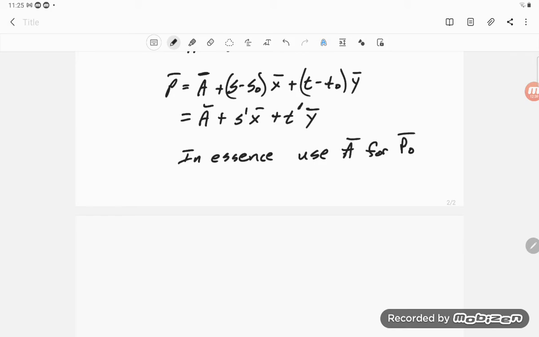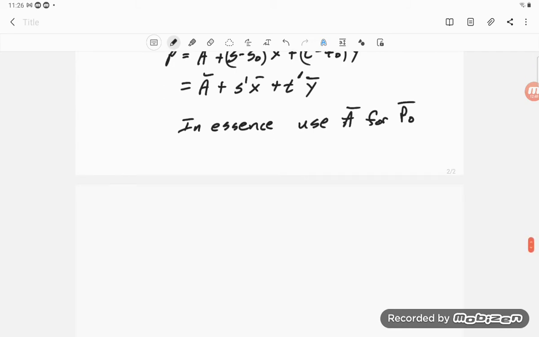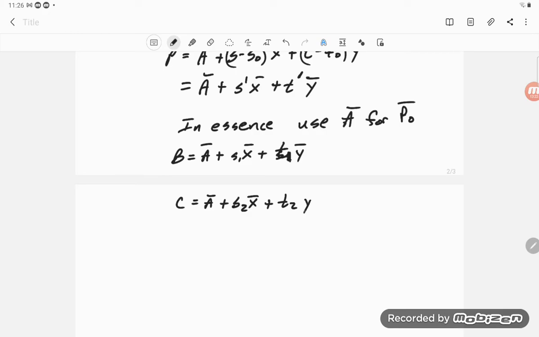Okay, and they similarly do the same thing with B and C, and they write that, well, B is some A plus S1x plus S2y, and C equals A plus T1y, and then S2x plus T2y.